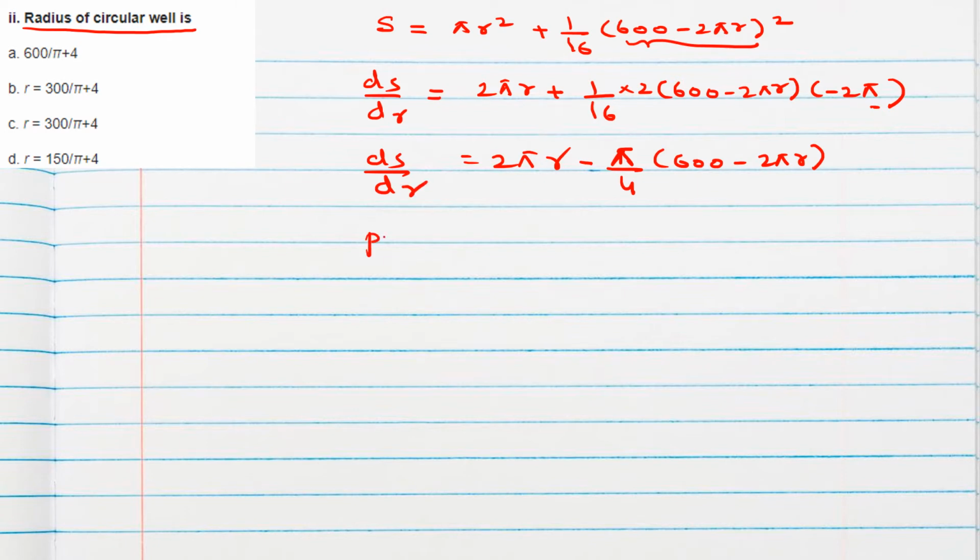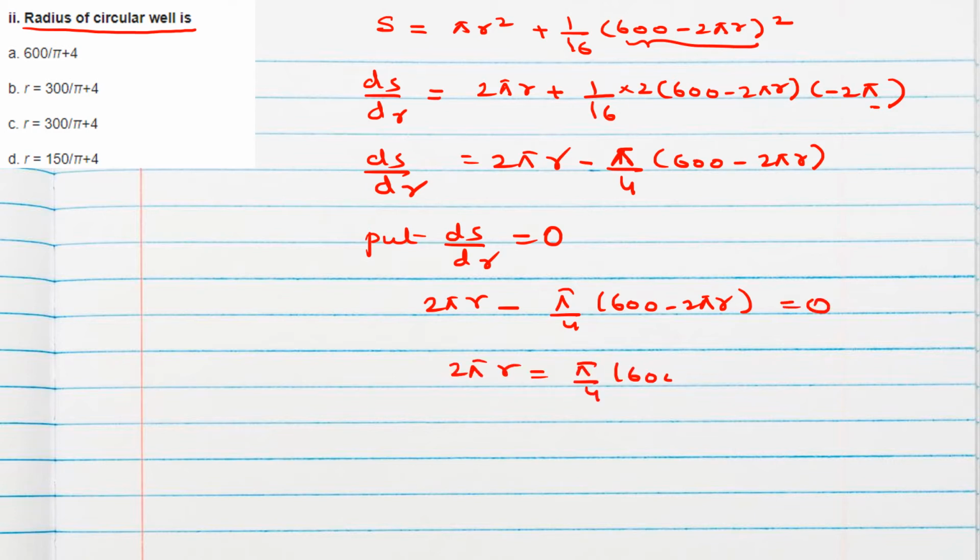Now we will put dS by dr equal to 0. So we get 2 pi r minus pi by 4 times (600 minus 2 pi r) equals 0. That is 2 pi r equals pi by 4 times (600 minus 2 pi r). This pi we can cancel. 8r we can write as 600 minus 2 pi r.